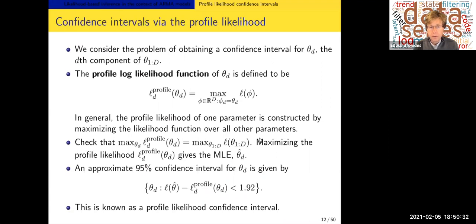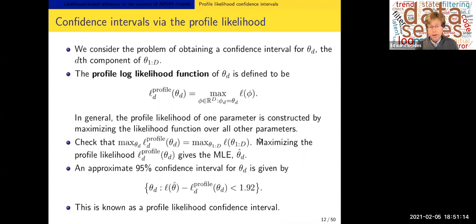We write it as L profile, and it's d because it's for the dth component, and then it's a function of theta d, and it's defined by maximizing the log likelihood over all the other parameters. And a couple of properties you can check for that. The maximum of the profile likelihood should be the maximum of the likelihood, because if you maximize out all the other parameters as a function of this parameter, then you maximize over this parameter, you get the global maximum.